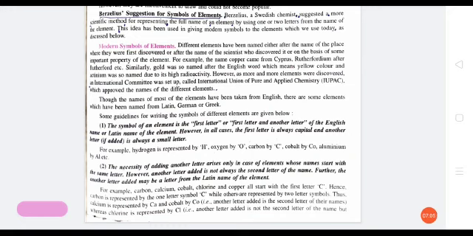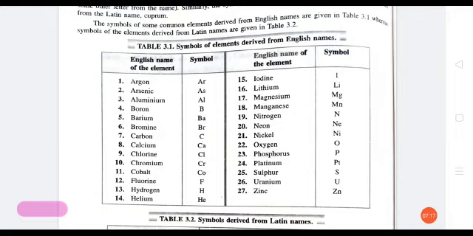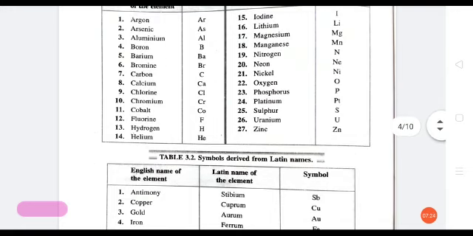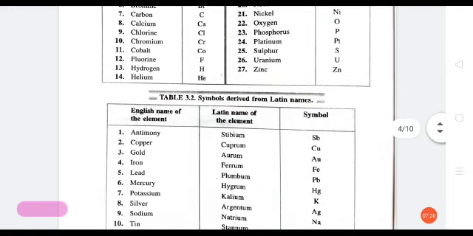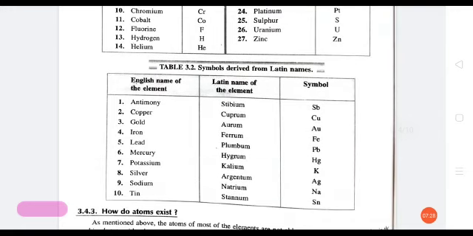But if we go through copper, it is represented by Cu, which is derived from the Latin name cuprum. Okay. Table 3.1 shows symbols of elements derived from English names, and Table 3.2 shows symbols derived from Latin names.